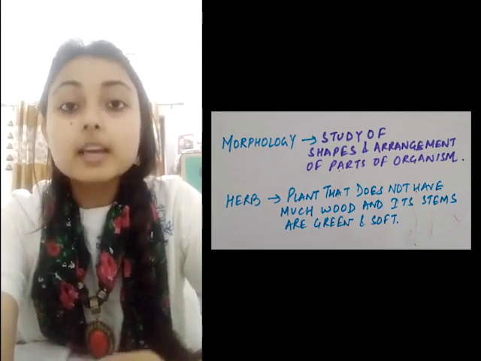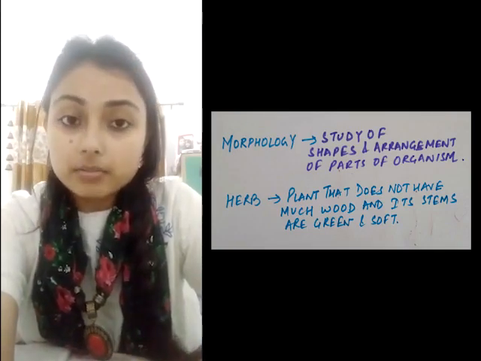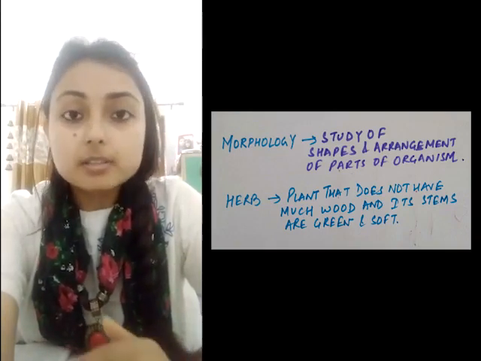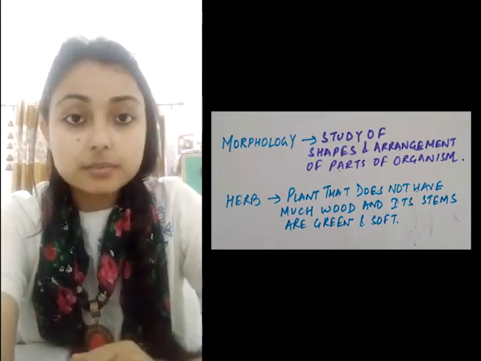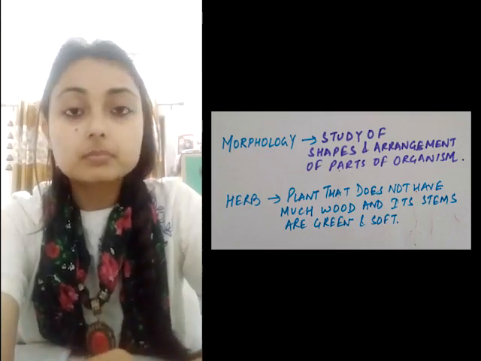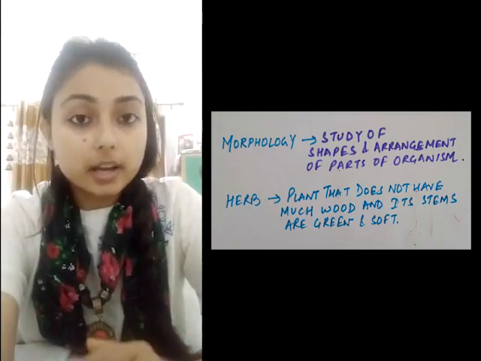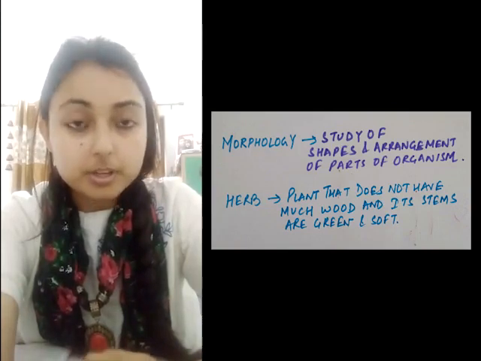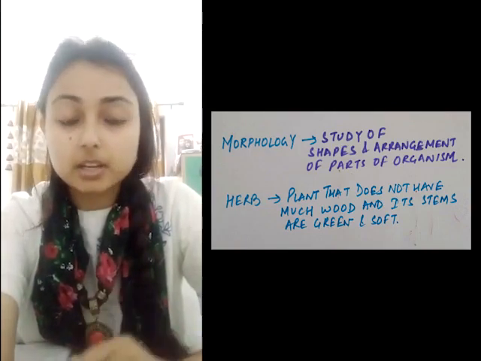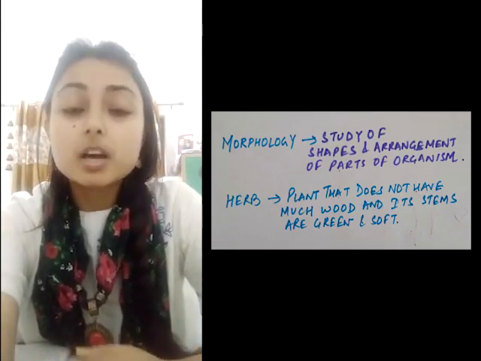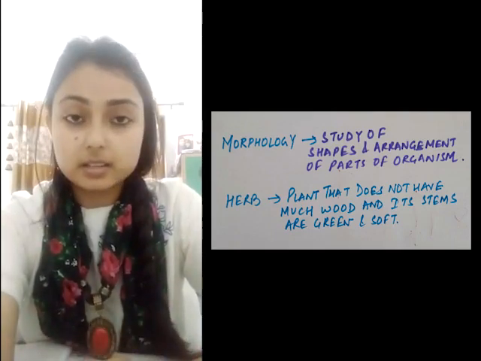Why? In order to determine their function. Like your incisor is blunt, you use it while having carrot for biting purpose. Whereas your canine is sharp, you use it while you are tearing. In case of tearing, like you have flesh, you have meat, we use the canine in that case.